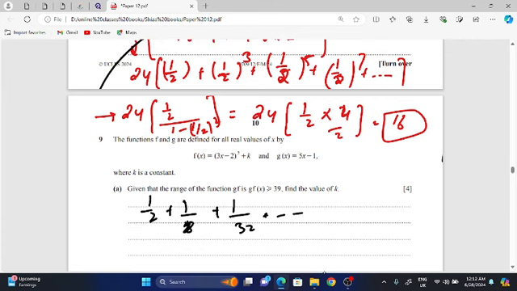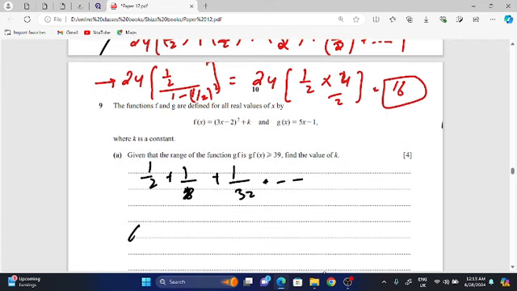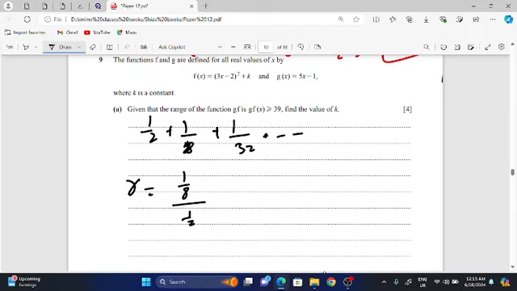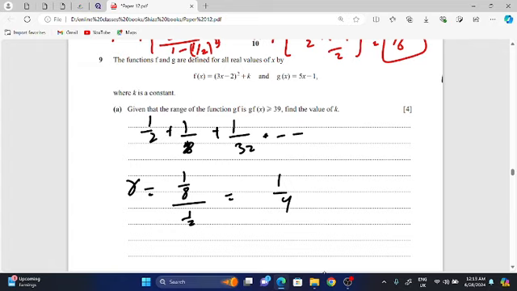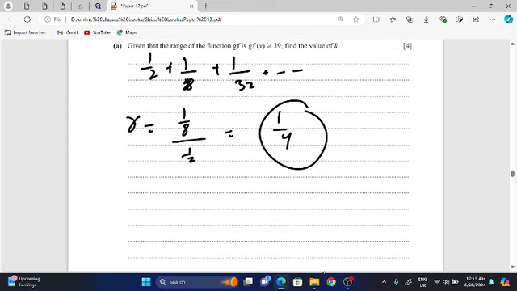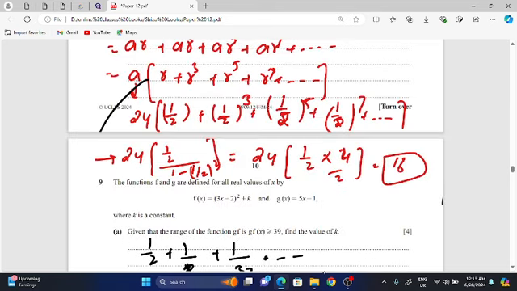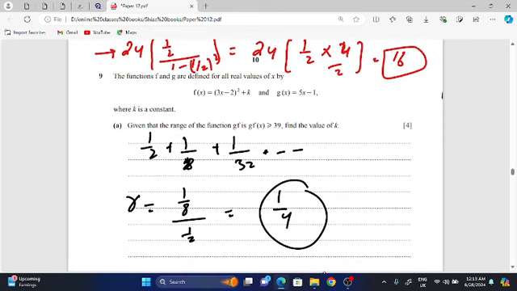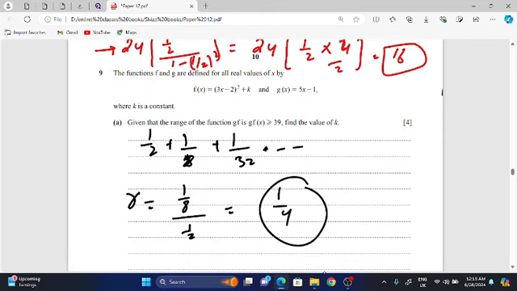For the even terms, the common ratio would be 1 by 8 over 1 by 2. Once I do that, my answer comes as 1 by 4. That's why, instead of using R as 1 by 2, the common ratio for the even terms is 1 by 4. In that way I did that. I hope it is clear. So that was all about geometric progression.